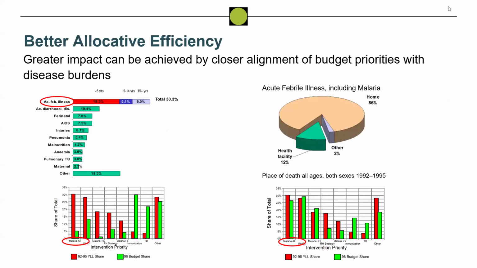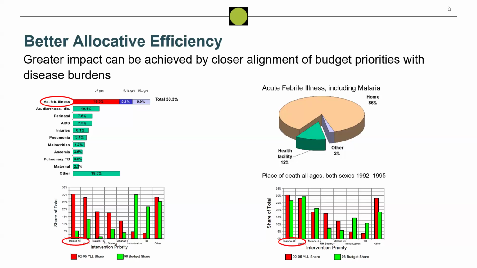Some of these examples go on to talk about how SRS were used in the past to improve resource allocation. So for instance, in Sierra Leone, one of the things that they observed was that among the top causes of death, malaria or febrile illness was one of the top causes.